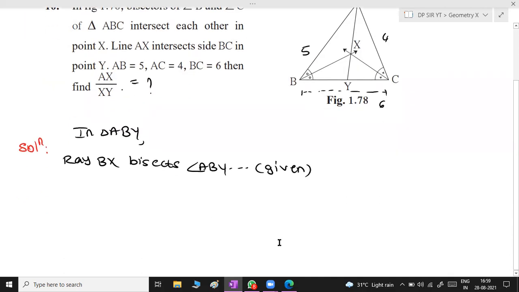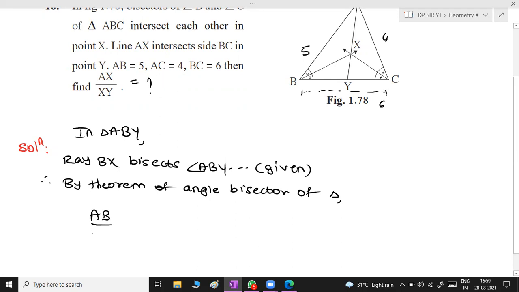Now, since the angle bisector is being discussed, we can apply the theorem of angle bisector. By theorem of angle bisector of triangle, AB upon BY is equal to AX upon XY. Let this be my equation number 1. It will be useful somewhere.